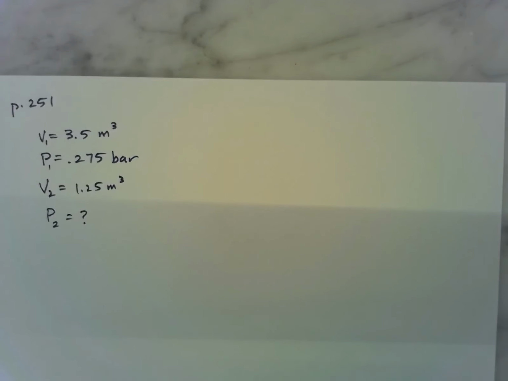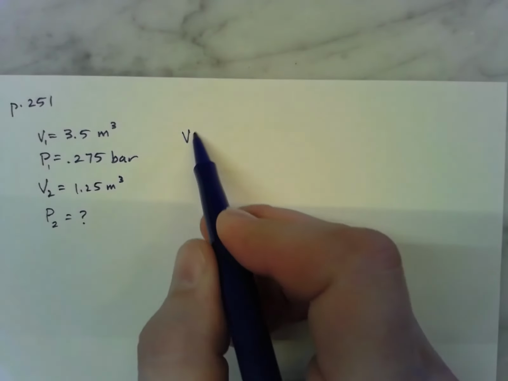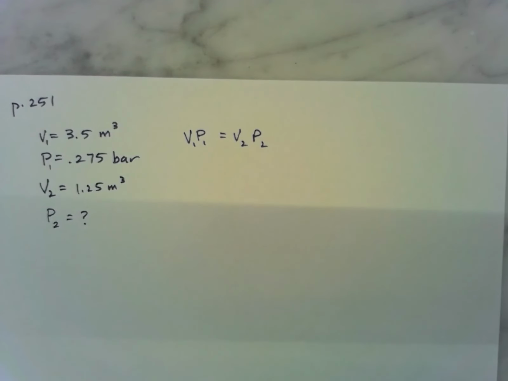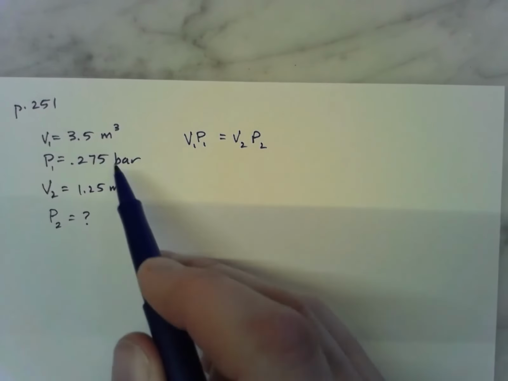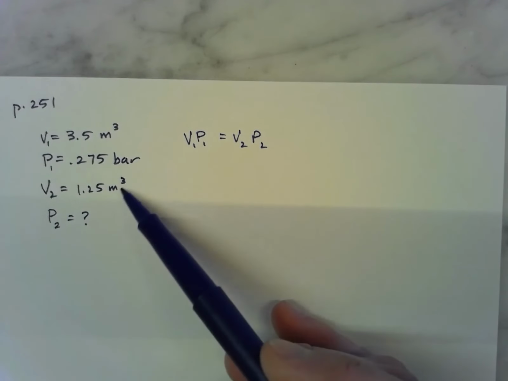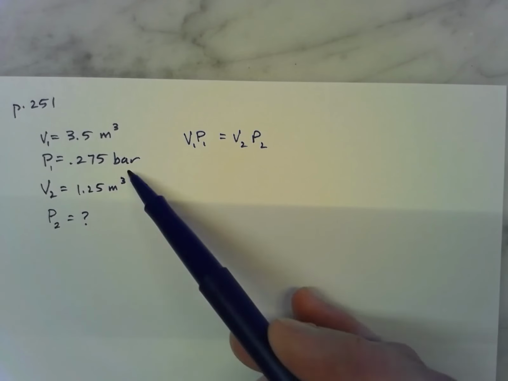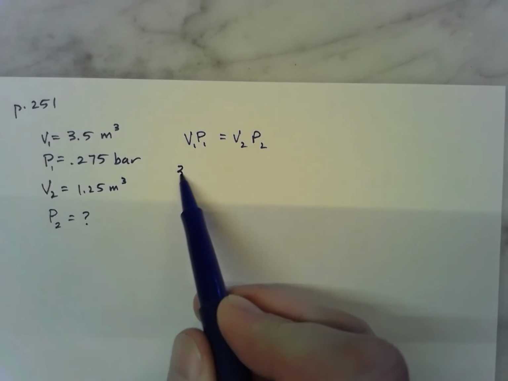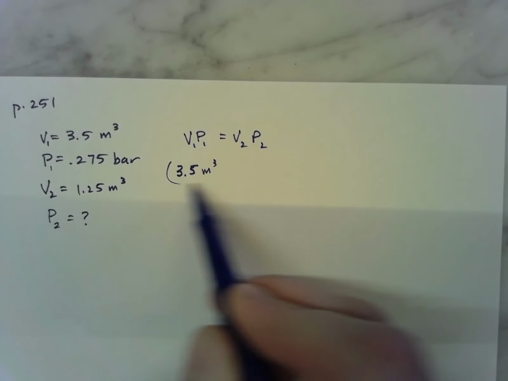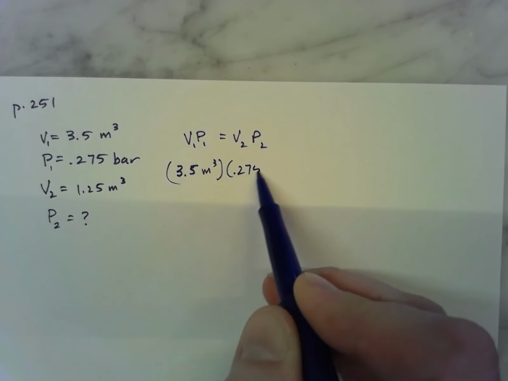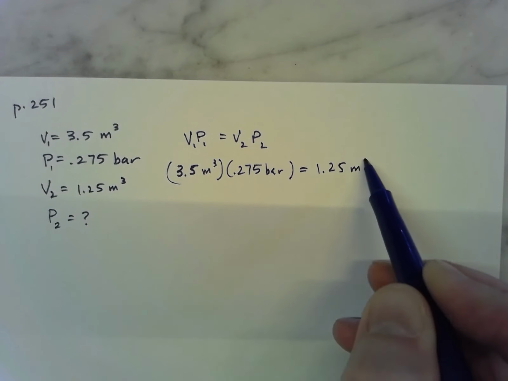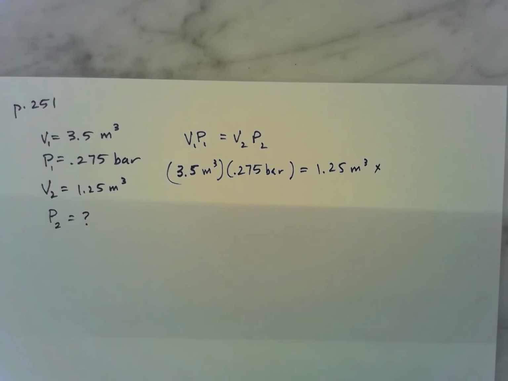All right, so we should be able to just recall V1P1 is equal to V2P2, and then just plug in. Now, does it matter what our units are? Not really. As long as we remember that if these units are the same, then these units will come out to be the same. So we should just have a straight 3.5 meters cubed times 2.275 bar is equal to 1.25 meters cubed times x.